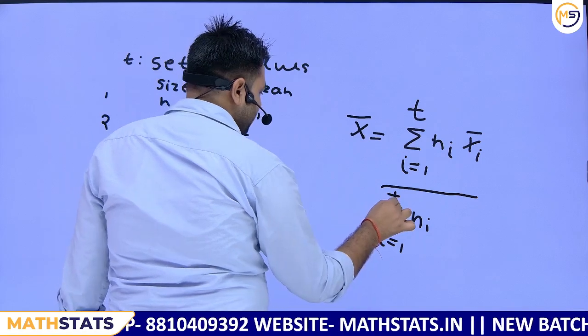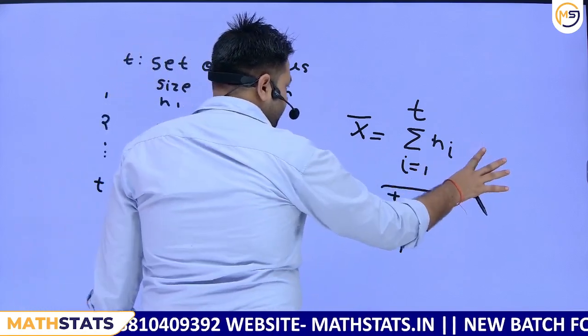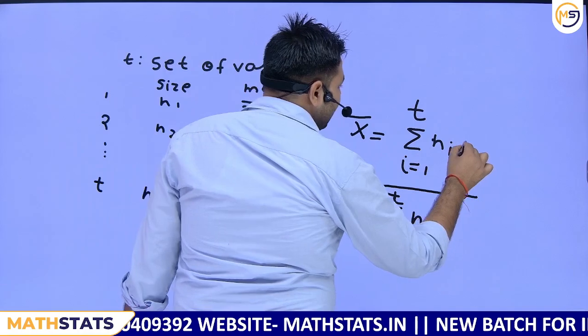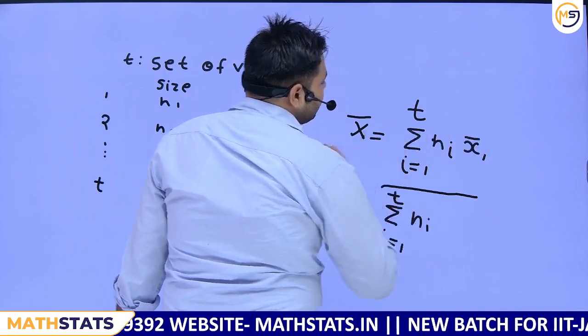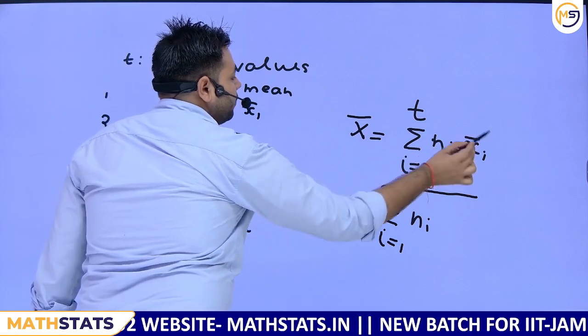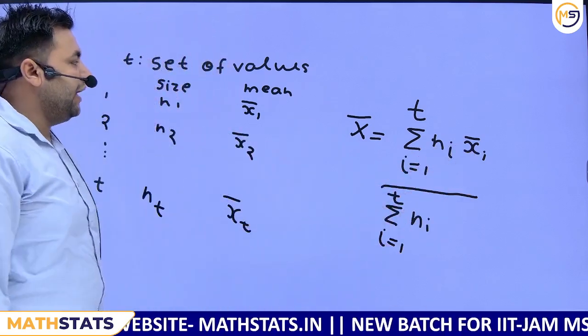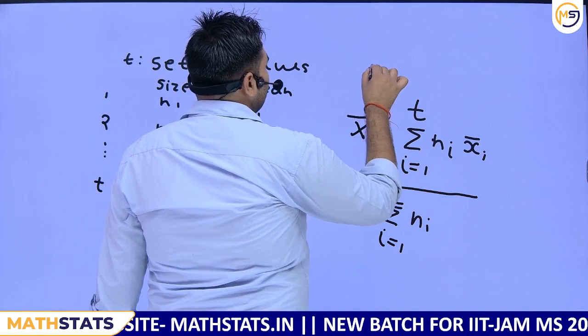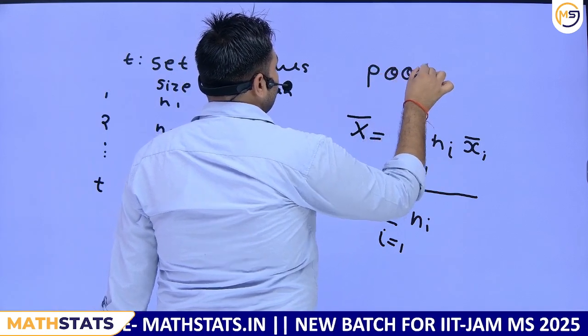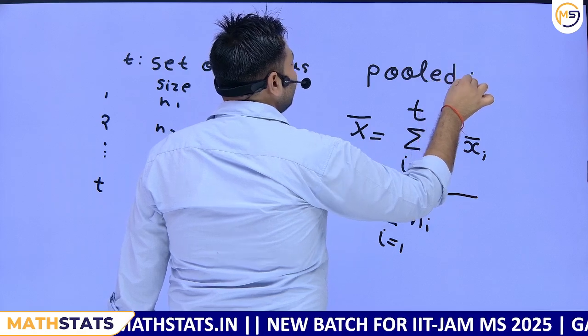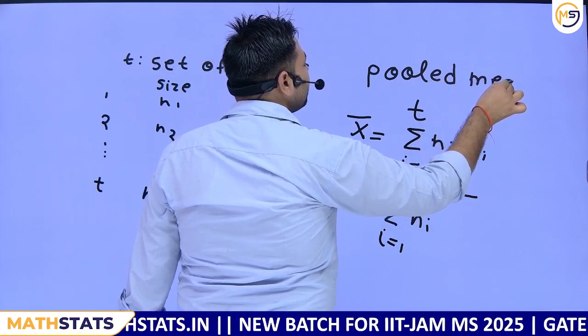Okay, 1 to t, this is t. This is xi bar. Okay, so this is the formula. This is combined mean or pooled mean. Okay, right?